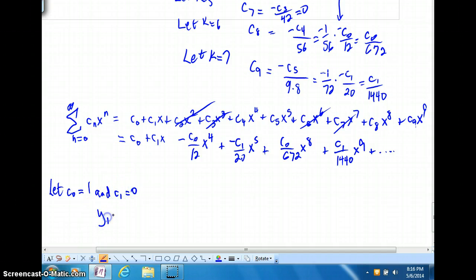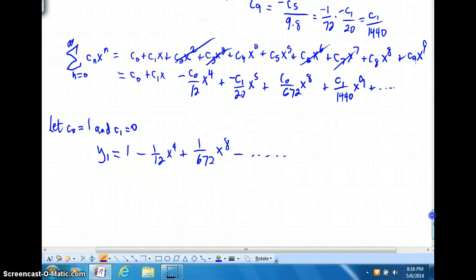If that were the case, our first series, totally dependent on c sub 0, would be 1 minus 1/12 x to the 4th plus 1 over 672 x to the 8th. And we'd continue on. Looks like we have multiples of 4 for our exponents.